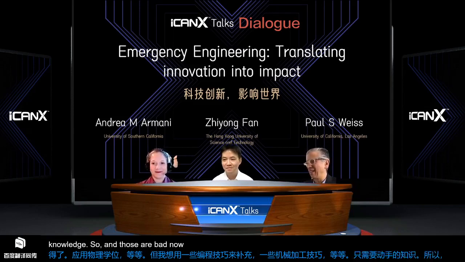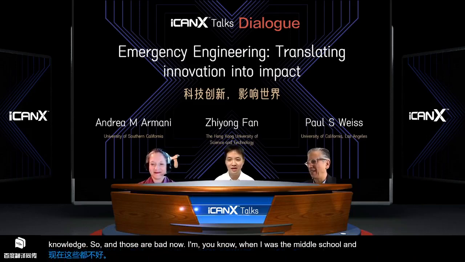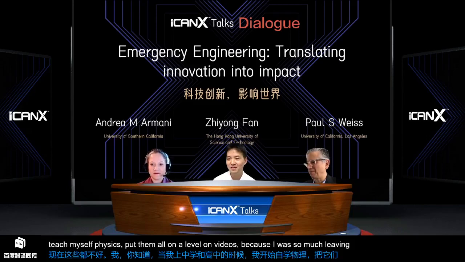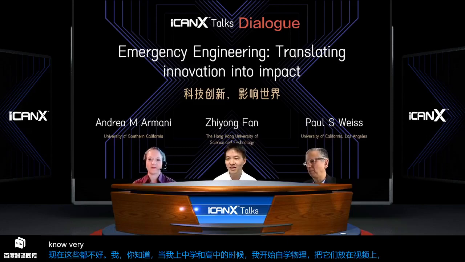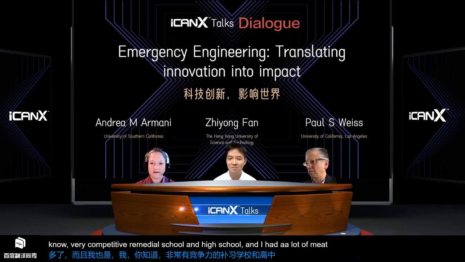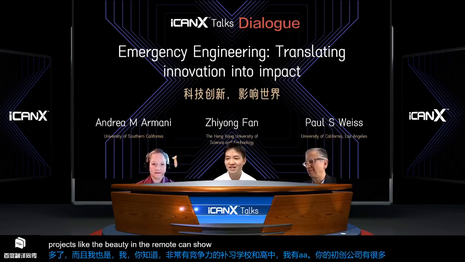Well, when I was in middle school and high school, I started to teach myself more advanced physics, because I was so much in love with physics. And also I wasn't in a very competitive middle school and high school. I had a lot of free time to start my own projects, like building remote control toys.